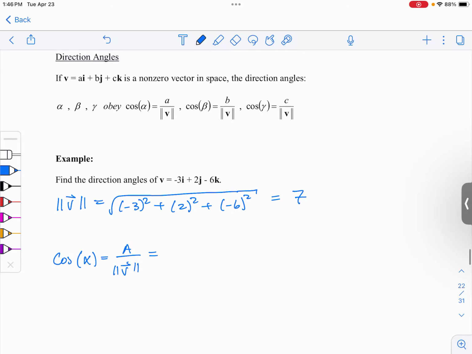And the A component, all right, is just the X component, by definition.